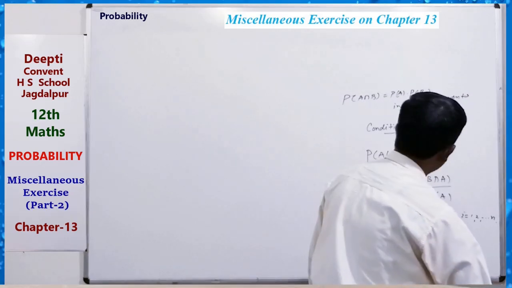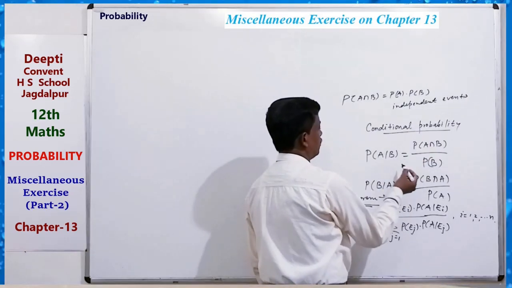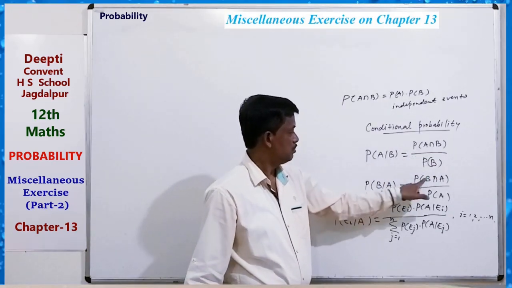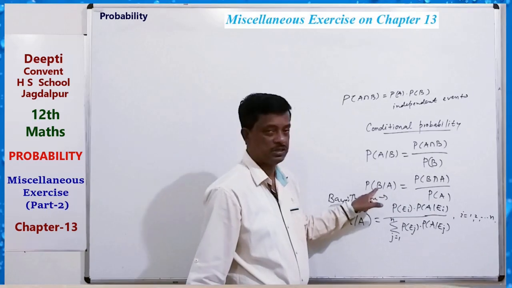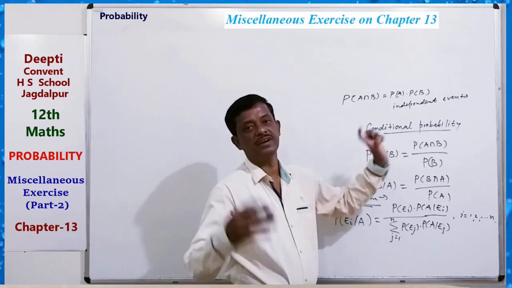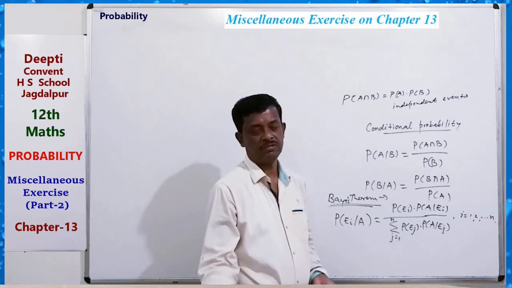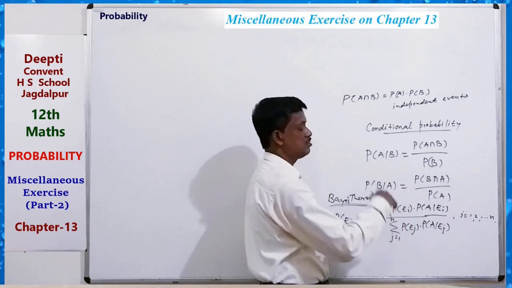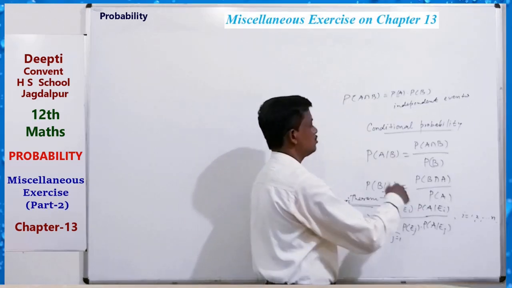Just you can see here, P(A intersection B) is equal to P(B) into P(A|B), and P(B intersection A) is equal to P(A) into P(B|A). And if the events are independent, then the condition has no effect. So P(B|A) equals also P(B), and P(A|B) equals also P(A).